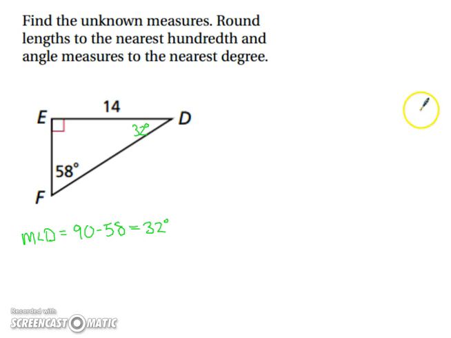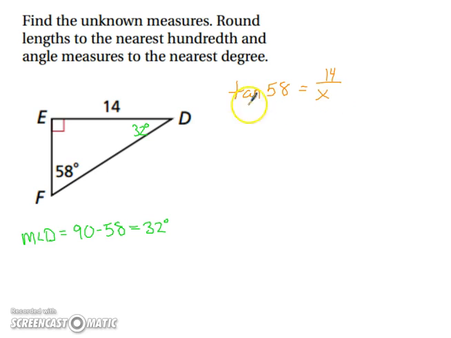Alright, well now we've got to use some trigonometry. Why don't we start with trying to find the side length of EF? So we can do the tangent of 58, and tangent is opposite over adjacent. So we have the opposite over our adjacent, and we want to solve for x and get x by itself.